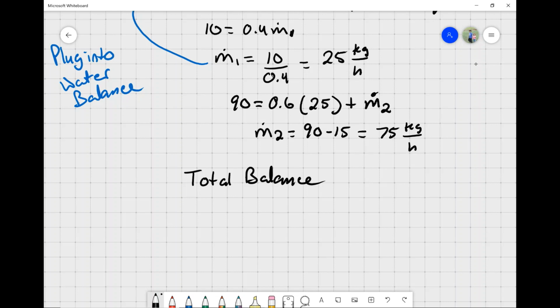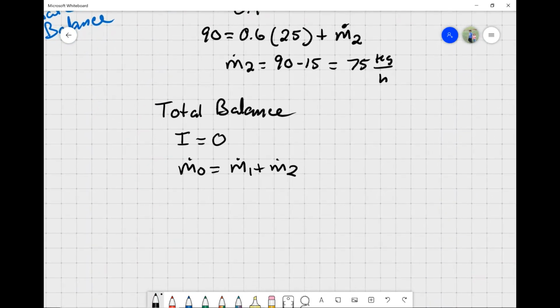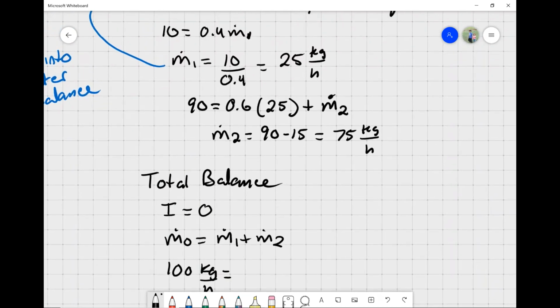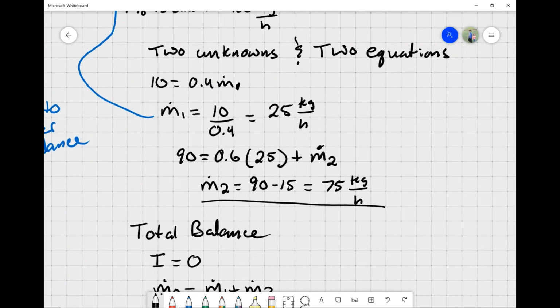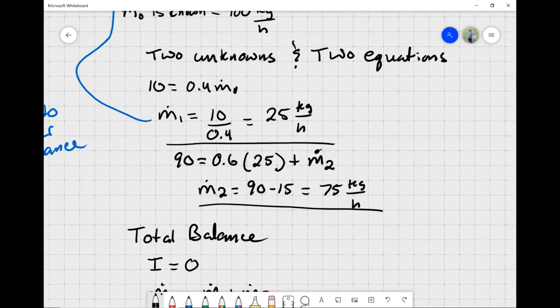And the total balance is also input equals output, and it's M naught equals M1 plus M2. And if you remember, M naught was 100 kilograms per hour. And we said that it's always good to circle your answer or highlight it some way.